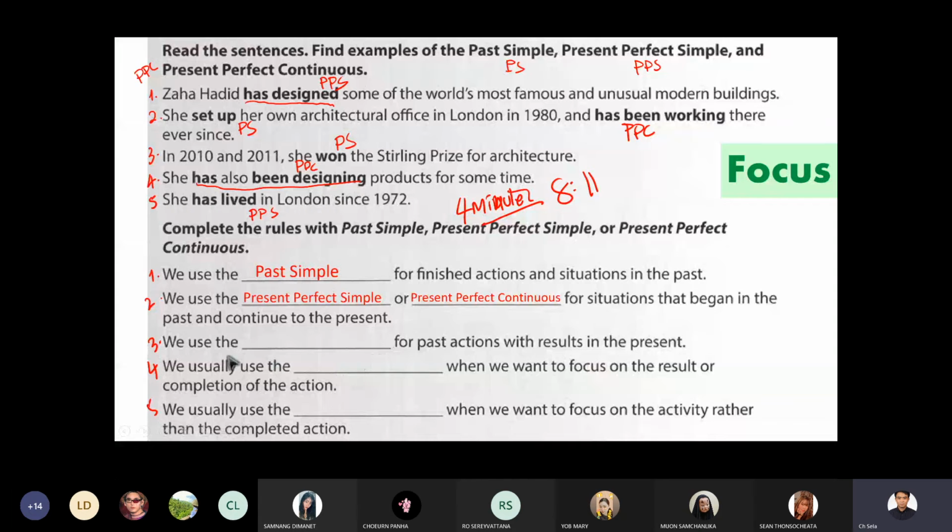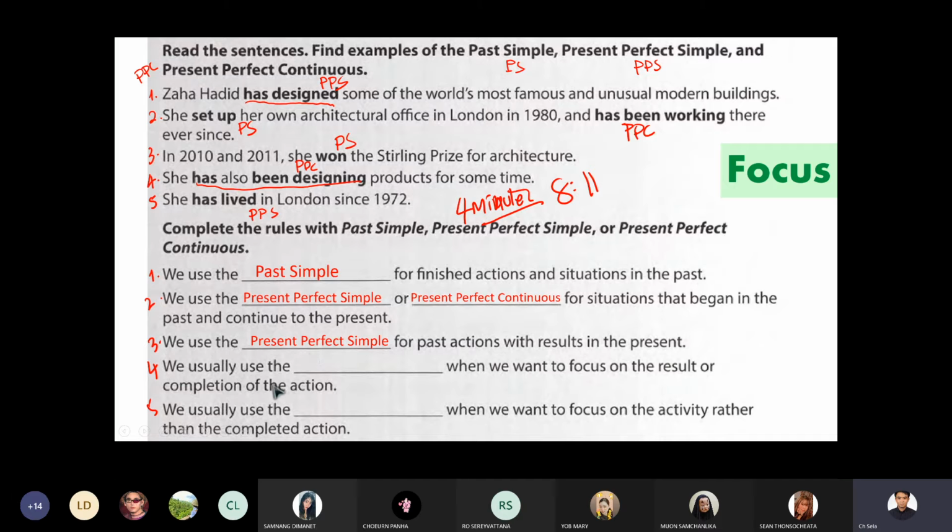Thank you, Marie. Number 3, we use the present perfect simple for past action with result. When we talk about a result in the present, it is a past action but the result is now, so we use present perfect simple.